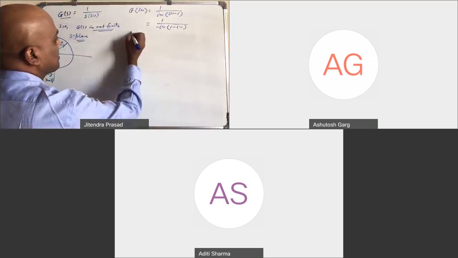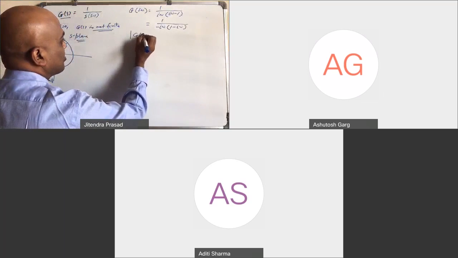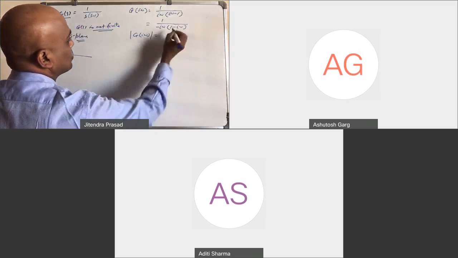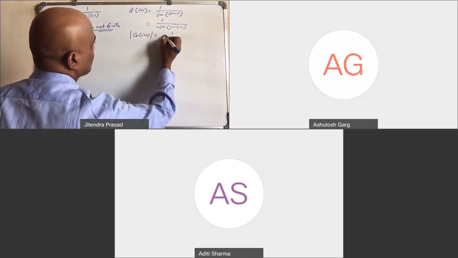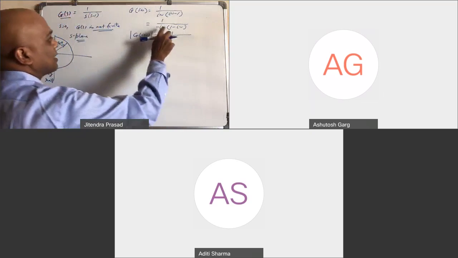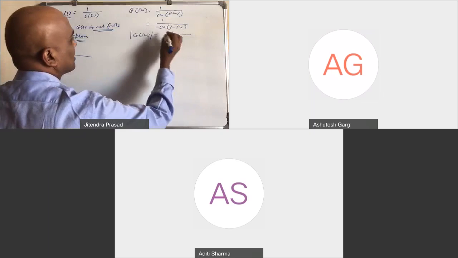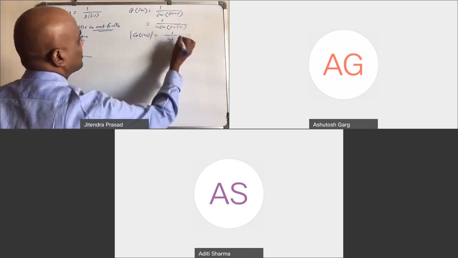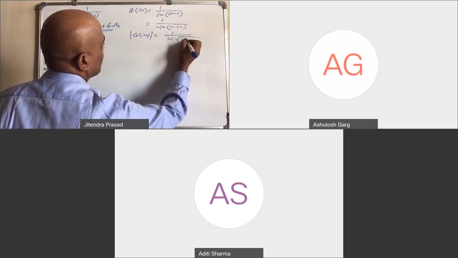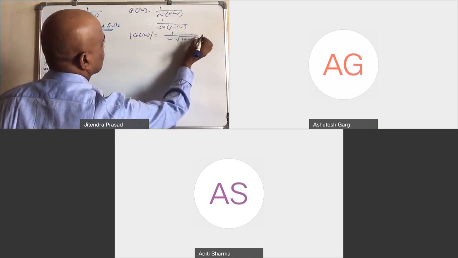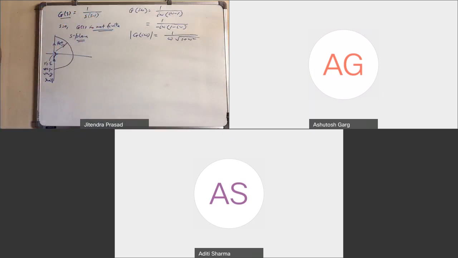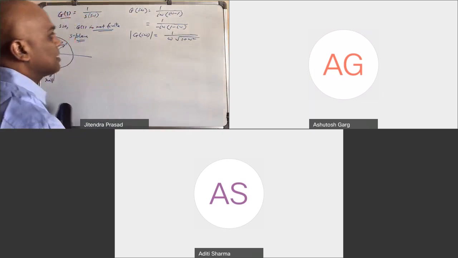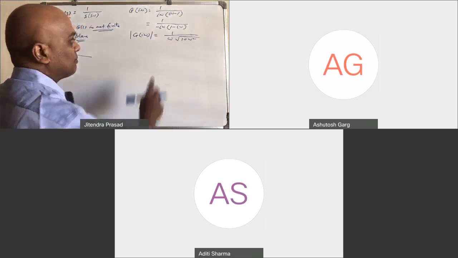Hence G(i omega) is equal to 1 over this. The magnitude will be omega for the first factor and root of 1 plus omega squared for the second. So this was our magnitude.